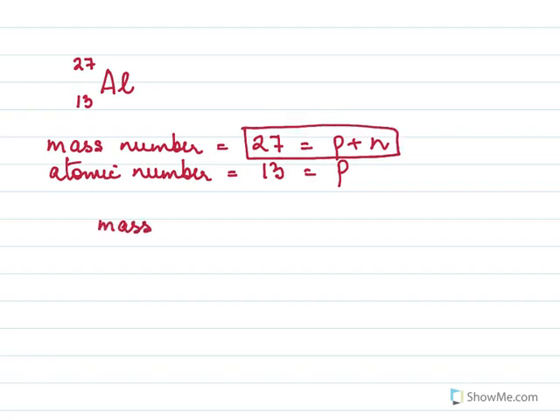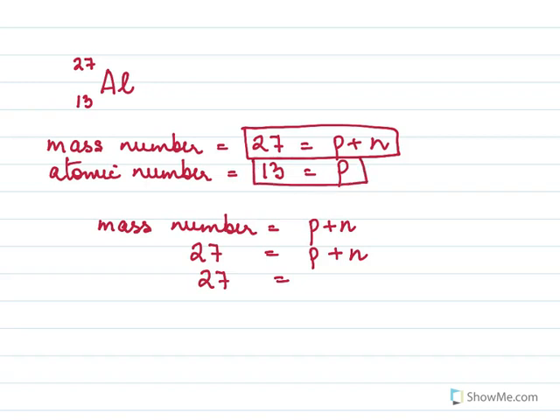We know mass number equal to protons plus neutrons. Mass is 27, which is protons plus neutrons. So 27 equal to, and we know the protons is 13 because atomic number here is given as 13. So for protons I'll put 13 plus n. So n will be 27 minus 13. So the number of neutrons will be 14.